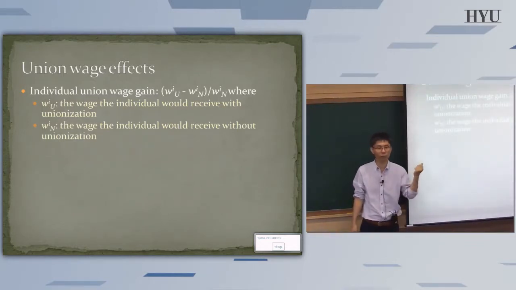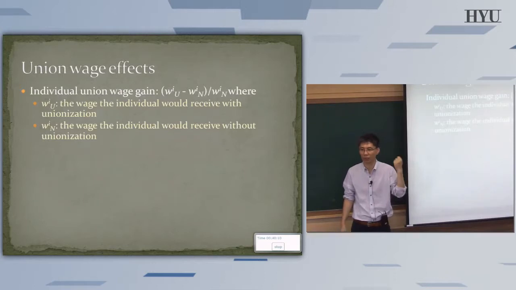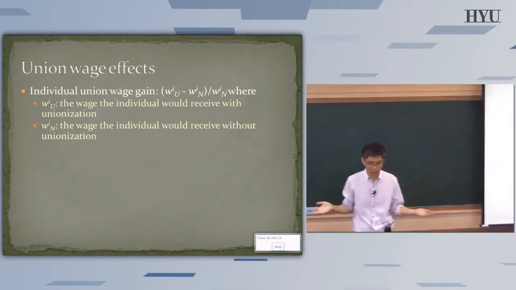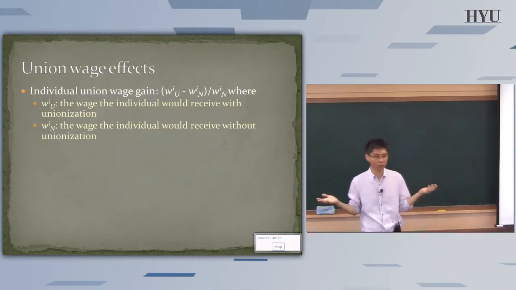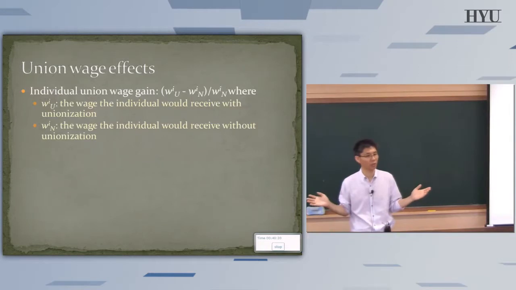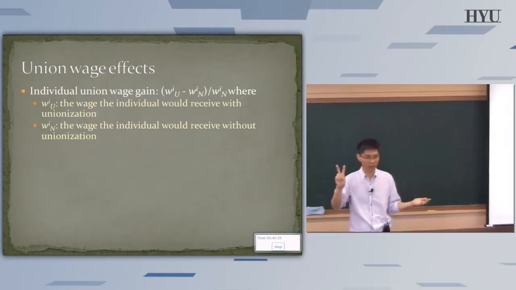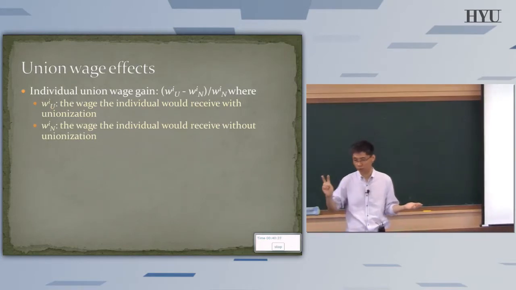This is the true measure of union wage gain. So think of a company with no union, where we are getting, let's say, $10 per hour. If we had a union, we would get $12 per hour. So that $2 increase is due to the union.